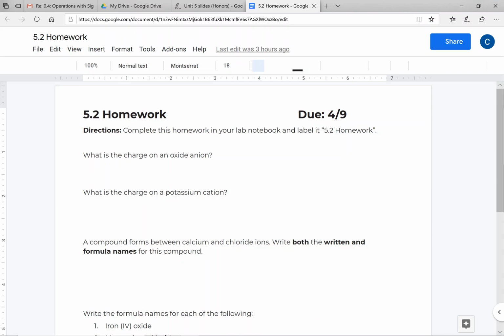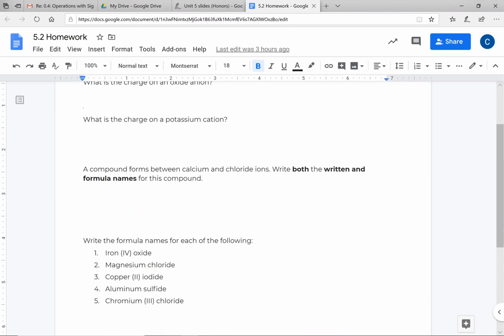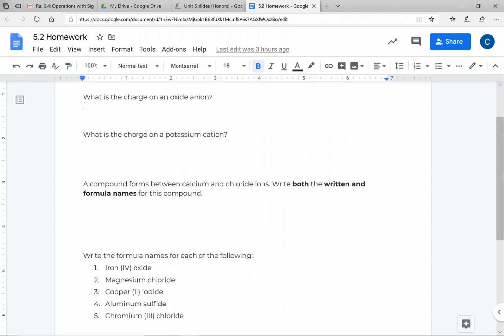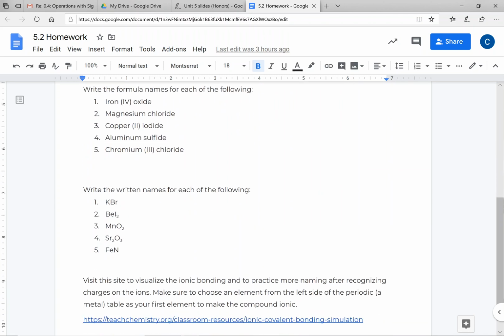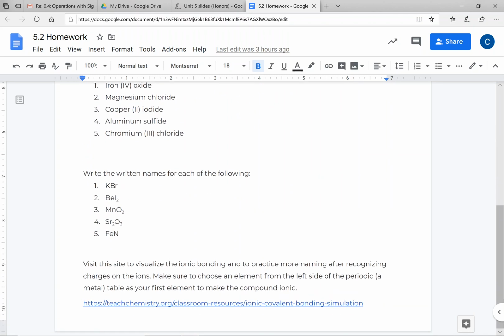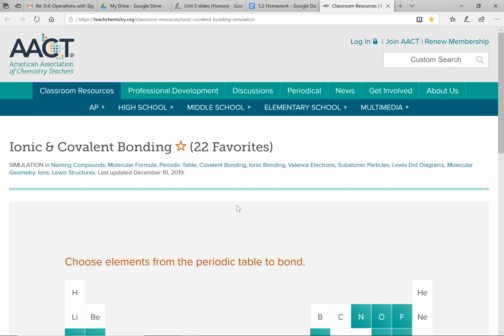I want to take a quick look at your homework here to show you as you go down. Okay, I'm going to ask you to refresh on the charges of ions, and then you'll go through naming. This on the bottom here, this is the site that I'm talking about for practice and to teach you a little bit.